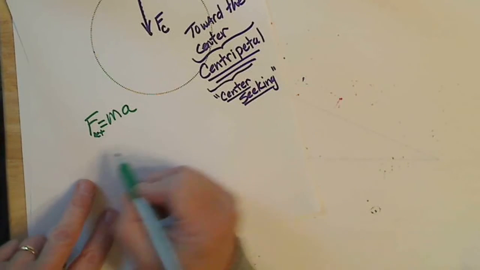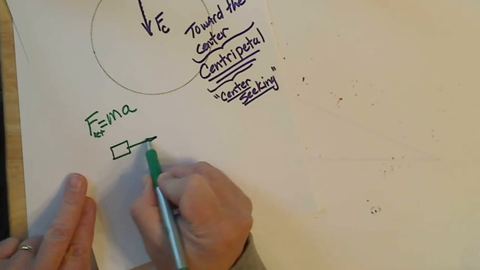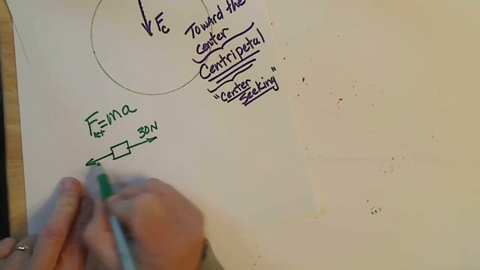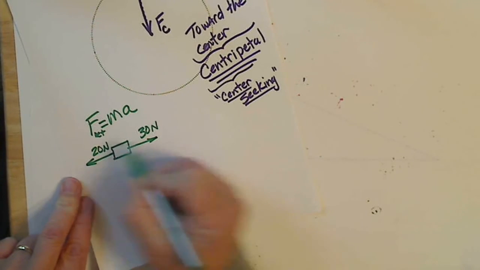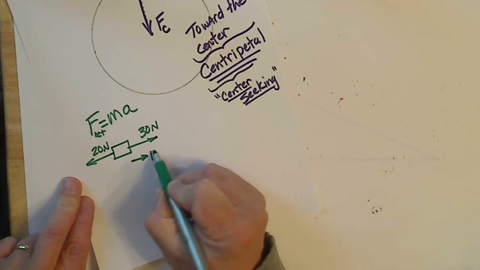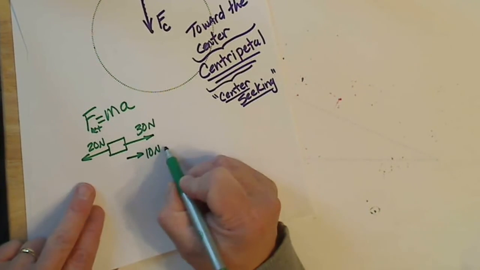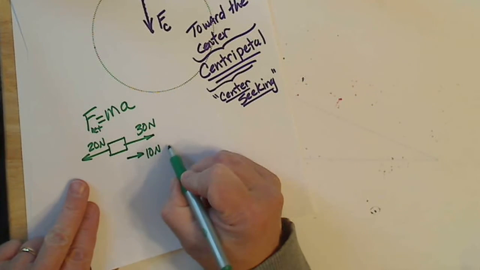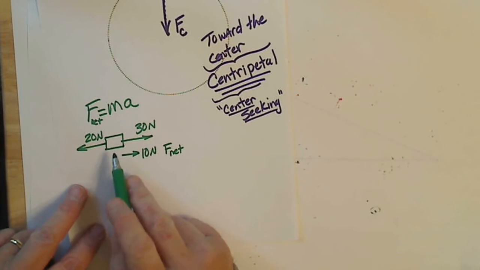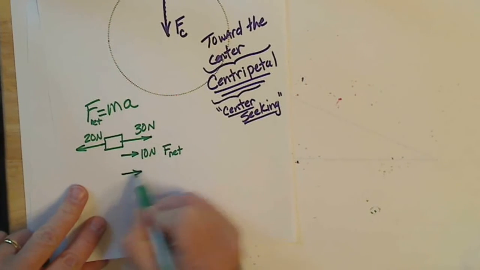So to put it really basic, let's say we go back to our box, you pull to the right with 30 newtons, you pull to the left with 20 newtons. Which way is the box going to go? Everyone's going to say, of course, it's going to go with 10 newtons left over to the right. That's going to be my net force. So which way is the box going to accelerate then? It's going to also be to the right.